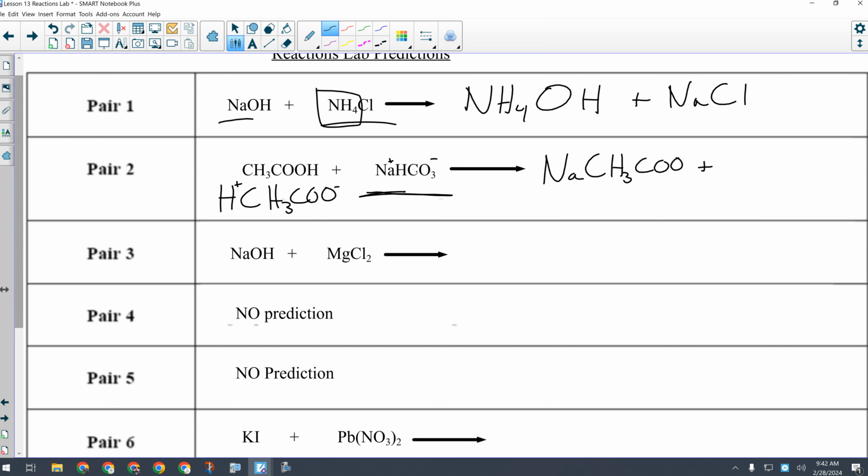Sodium acetate is a salt that tastes like vinegar. So if you look on the ingredients, you'll probably see that listed there. And then we've got the other compound, which will be H with HCO3. We can write it like this or like this. Either way is fine. That would be our other product.